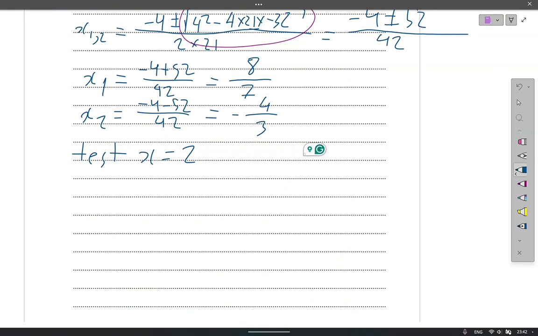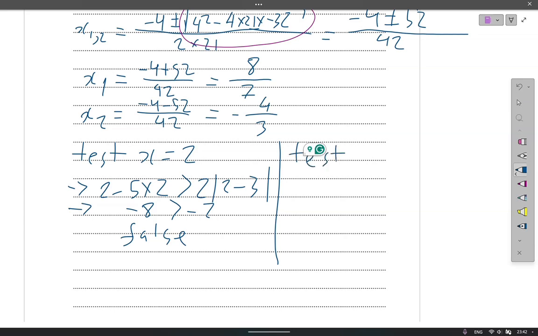So we set x equals 2, it gives us this equation, and it gives us this one. And since minus 8 is clearly smaller than minus 2, this statement is false.